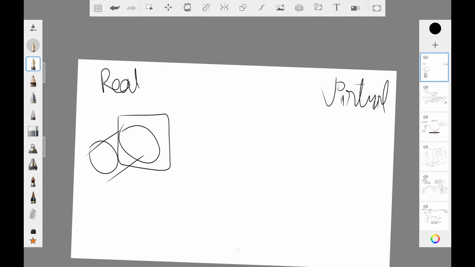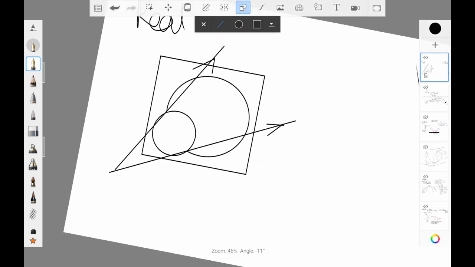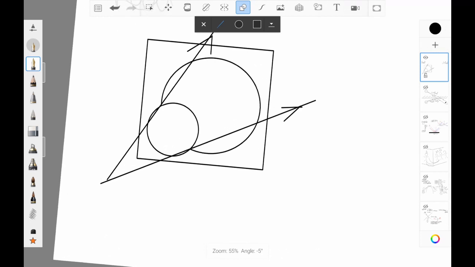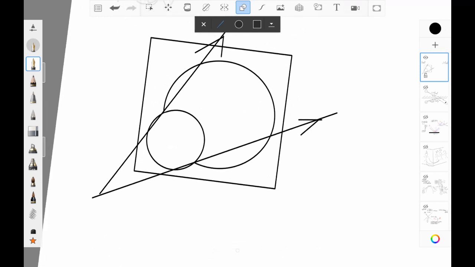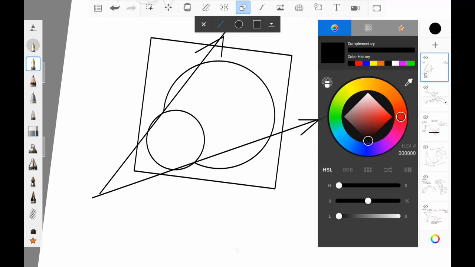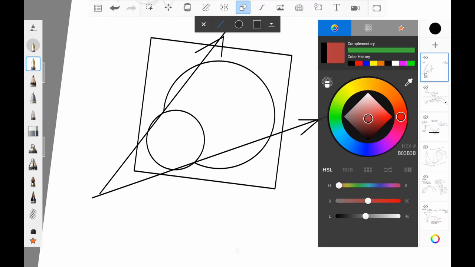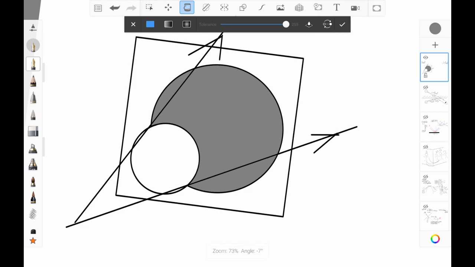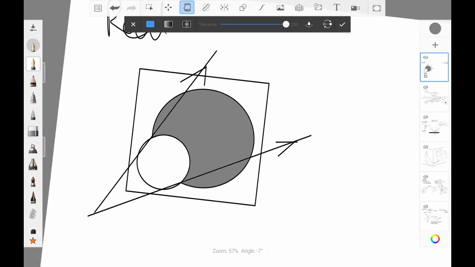So let's just draw a proper diagram. Right, so here you can see that my diagram isn't very perfect, but assuming that the gray circle at the back, right here, is the image, we can see that it's formed when real rays actually intersect with the object and eventually land on the screen.